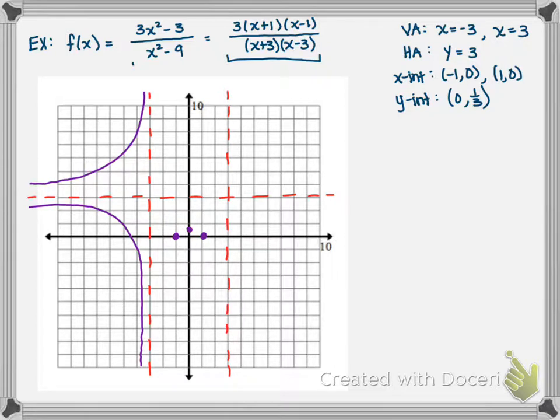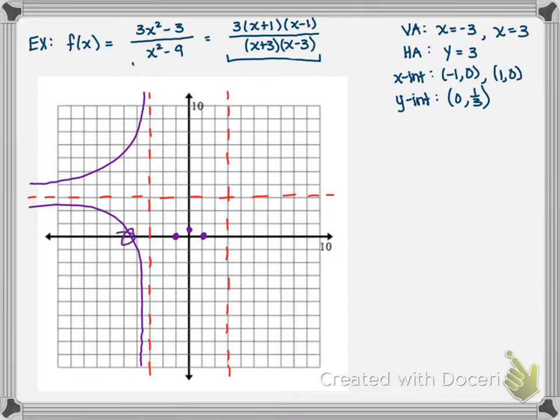Anybody have any other idea why it might have to be the top one? What's up? Because on the bottom there'd be another x-intercept. Yeah, so one thing about finding x-intercepts is you're not just finding 2 points that are on the graph. You're also finding that there can't be any other points on that x-axis, right? If we had an x-intercept at negative 4.5, we would have found it when we found our x-intercept, right?